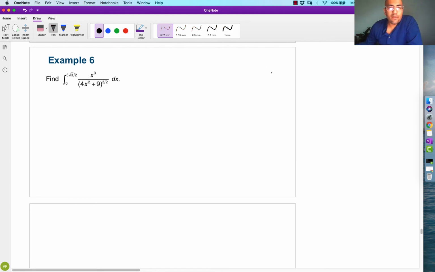If we have 4x squared plus 9, and the whole thing is raised to the power of 3 over 2, that's really the same thing as saying that this is equal to the square root of 4x squared plus 9, and then the whole thing is being raised to the power of 3, which is almost like something that we work with, except that we don't have a variable squared, we have 4x squared.